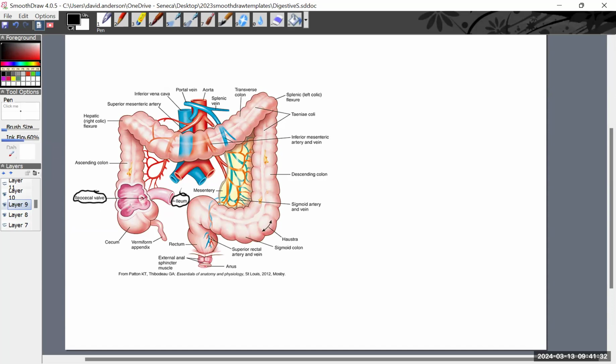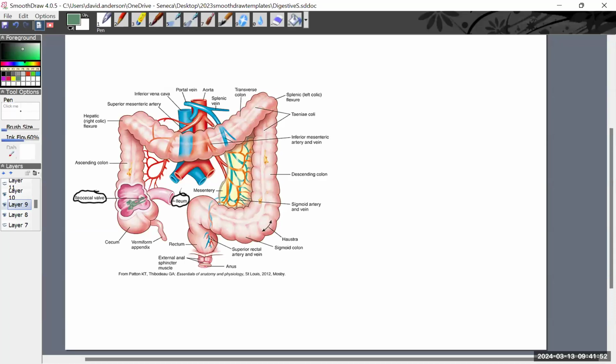But as far as we're concerned, the content of food that was not absorbed in the small intestine is going to be introduced to the large intestine through the ileocecal valve.